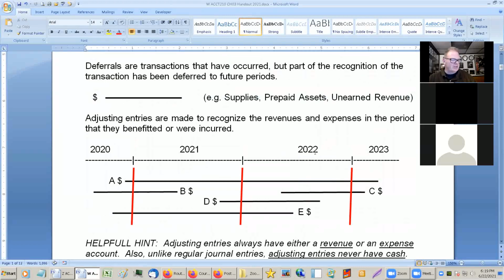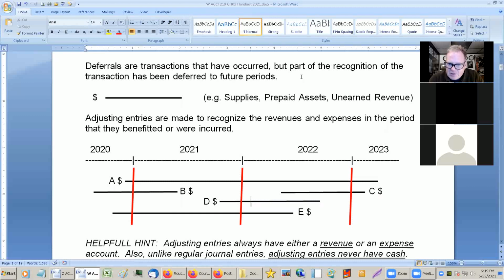And accruals are sometimes a little bit more difficult to identify simply because the money hasn't changed hands. So sometimes not a lot has happened that you can actually see, even though revenue's been earned or expenses have been accrued.